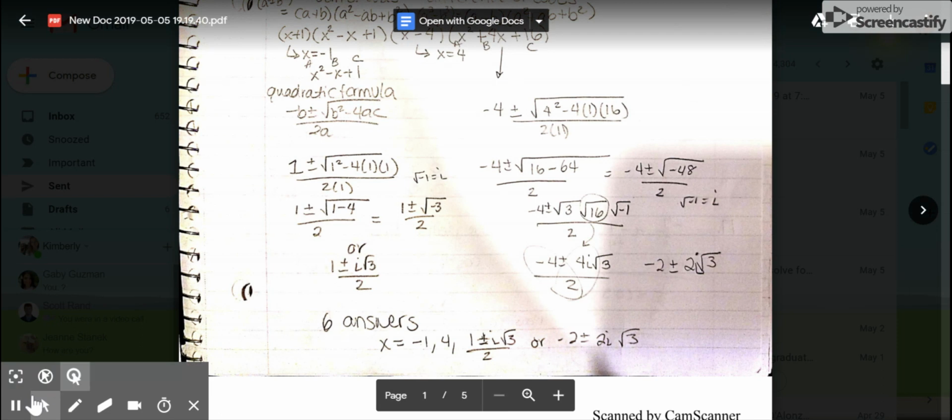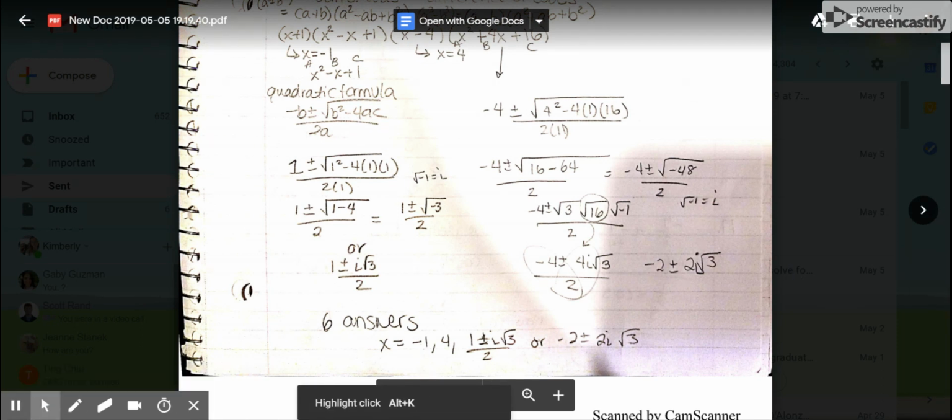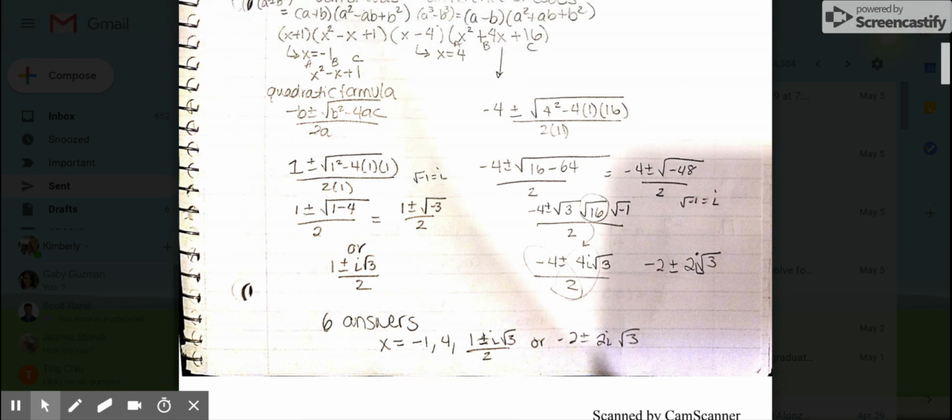I also simplified this 48 because if you remember simplifying radicals, you look for a perfect square in 48. A factor of 48 that's a perfect square is 16. So then I had square root of 16 is 4, square root of -1 is i, and then what's left in there is square root of 3, all over 2.